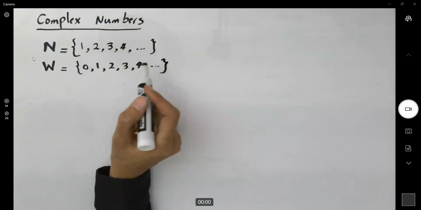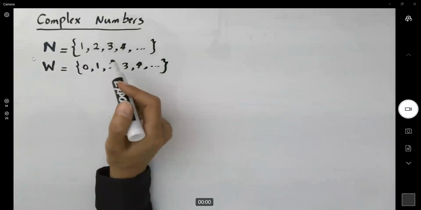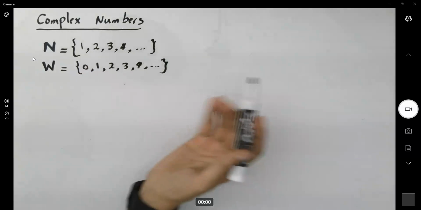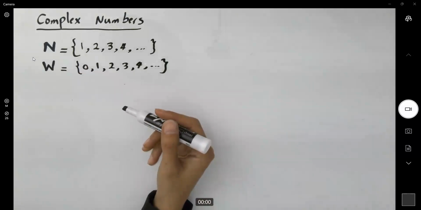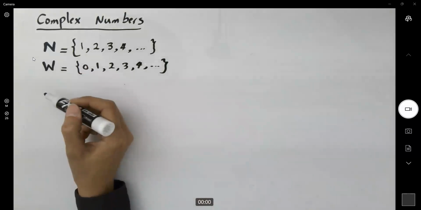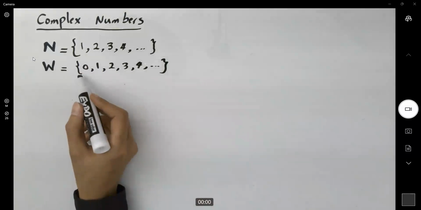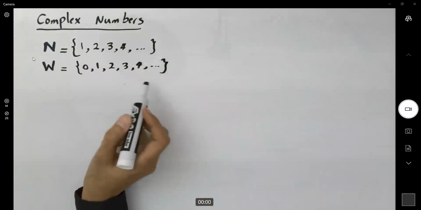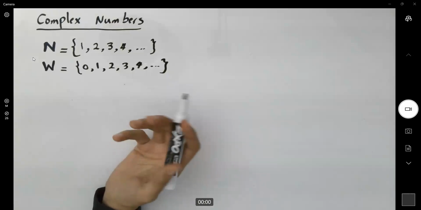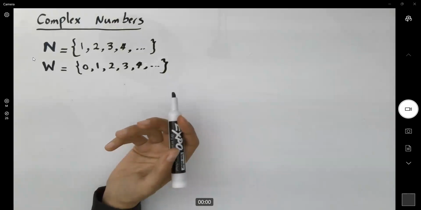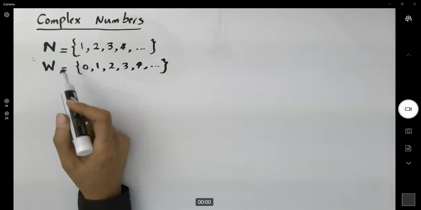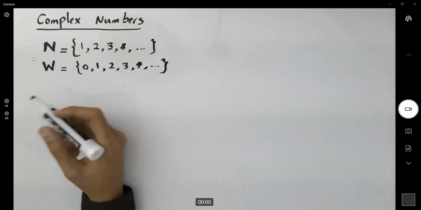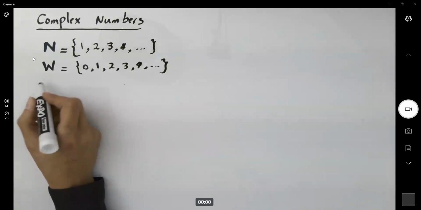Remember that back in those days, they didn't have fractions, they didn't have negative numbers. Then throughout the years, they came up with those numbers and those concepts. So they started defining something new. As you can see, here you do not see any negative signs. Signed numbers, where are they? Well, we're going to add signed numbers to the whole number system, but we're going to define a new system.